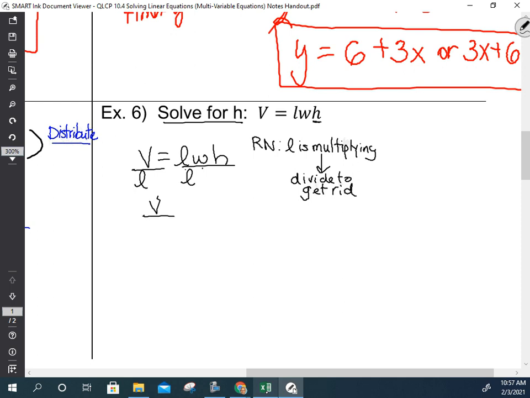So B divided by L is equal to WH. You still need H by itself. Now what do we do with W? What's the W doing?